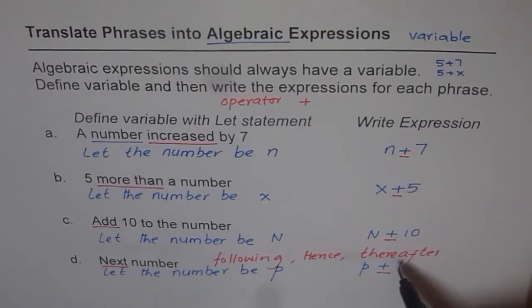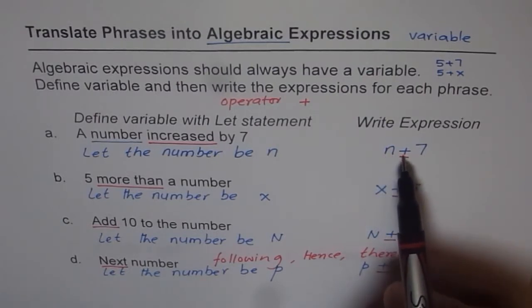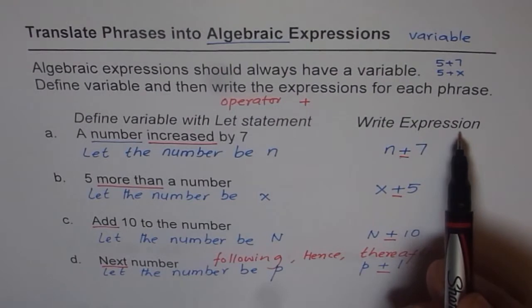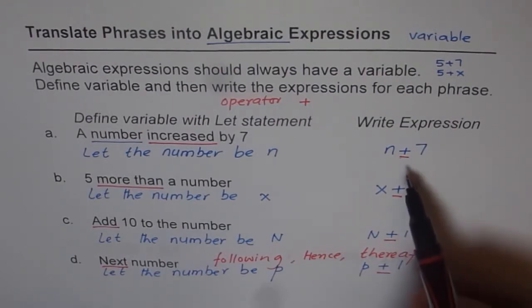So from here you learn that to write an algebraic expression, we need to first define a variable. Once the variable has been defined, then the variable is used along with an operator to write an algebraic expression. These examples which we discussed just now had the operator plus. That's the mathematical operator, right?